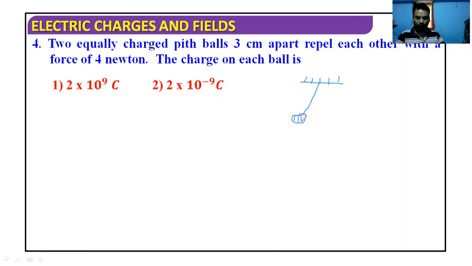We have another ball, and that ball is also wrapped with silver foil paper. So now this becomes the pith ball. What we are given is two equally charged pith balls 3 centimeter apart. So the distance between them is 3 centimeter.